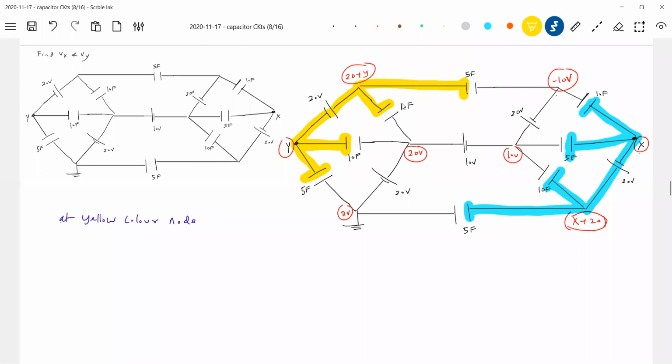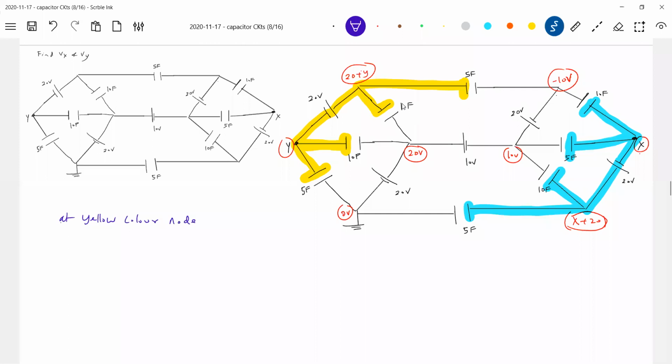Okay, let me begin. So from here, what potential should be considered? So potential difference 20 plus y minus of minus 10, into 5.